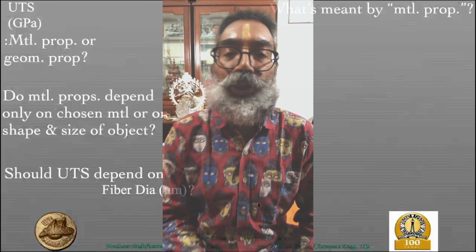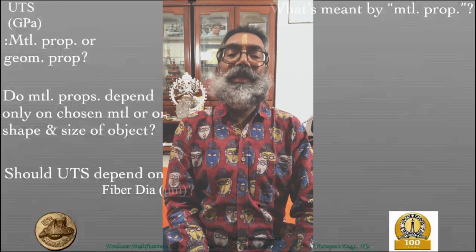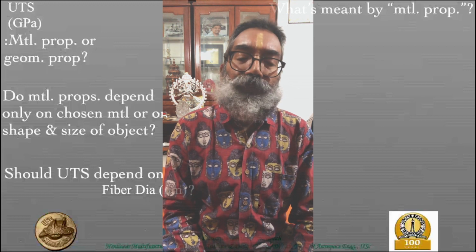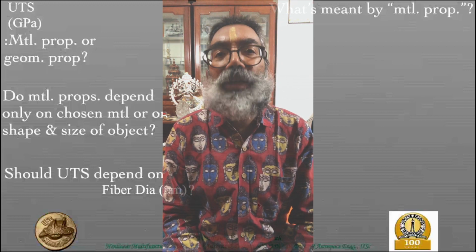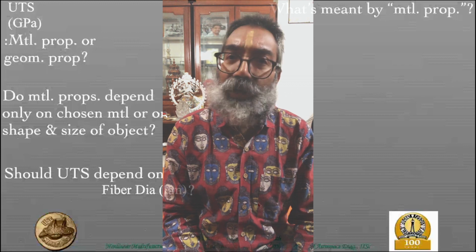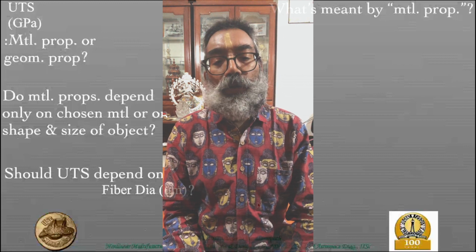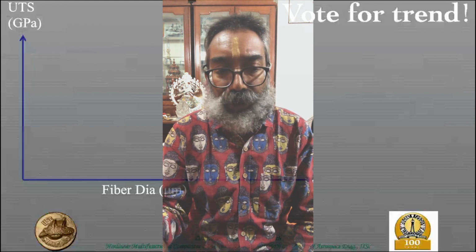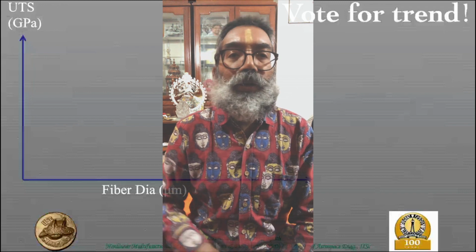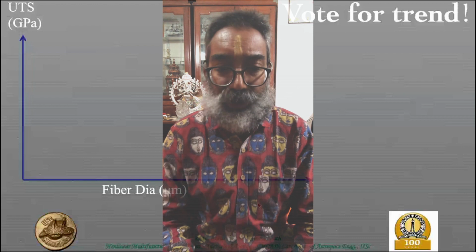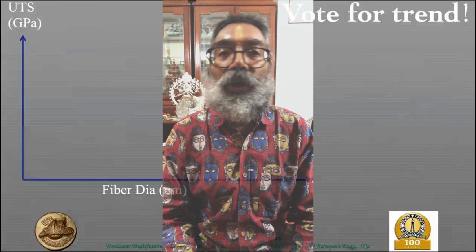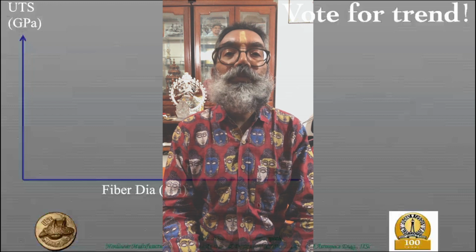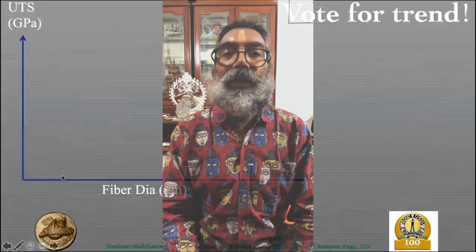So from our discussion on material property, where we said that it is called a material property because it should depend only on the material, it should not depend on the fiber diameter, which is a geometric property, right? So yes, that is fair enough from our understanding of material property. Now, if I plot UTS versus fiber diameter, according to the majority opinion, it's the same.